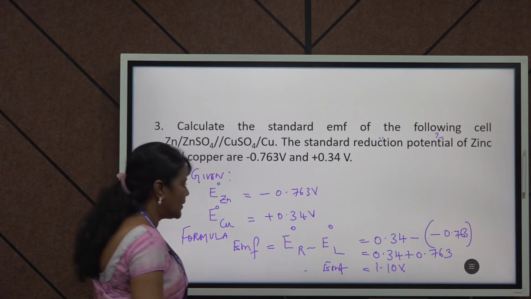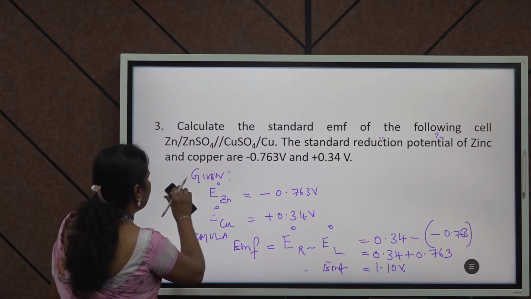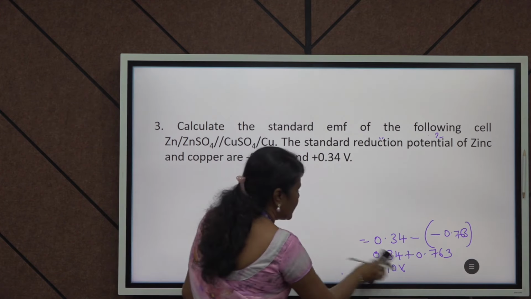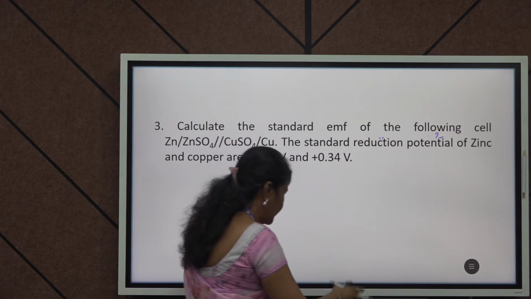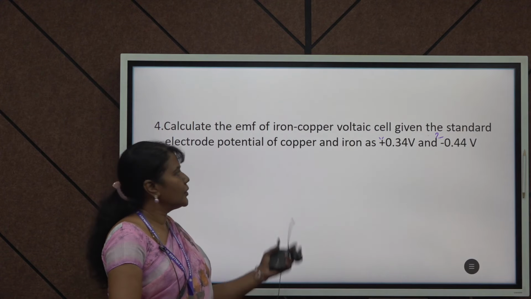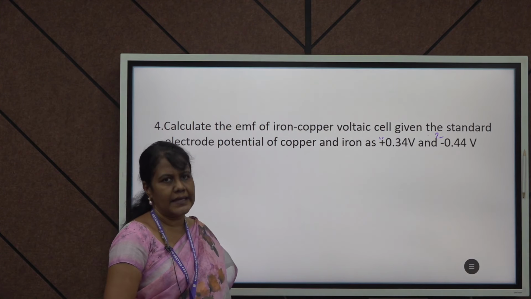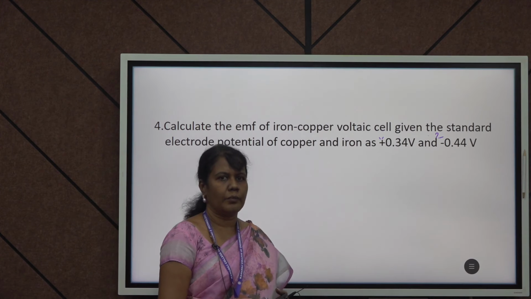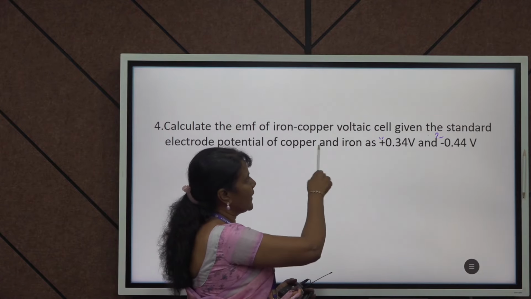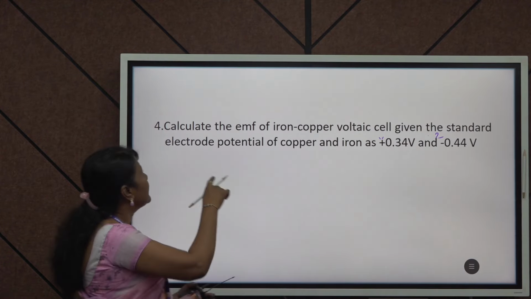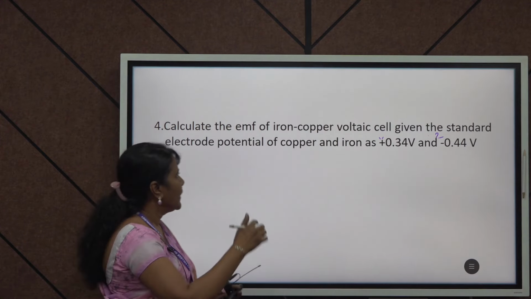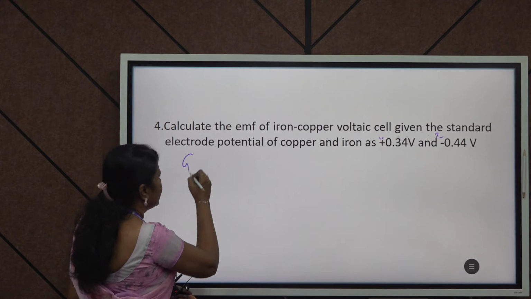We'll see one more problem to find the EMF, in which some other electrodes are used. Fourth problem. Calculate the EMF of an iron copper voltaic cell. In the previous case we saw a zinc copper cell, which is nothing but a Daniel cell. Here we have two electrodes, iron and copper, and the standard electrode potentials of both are given.